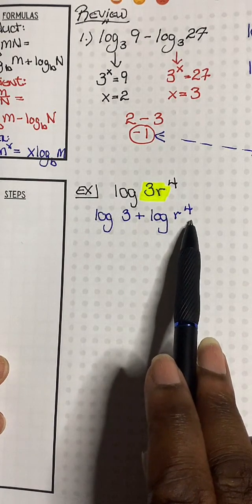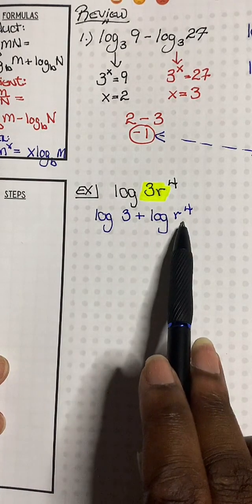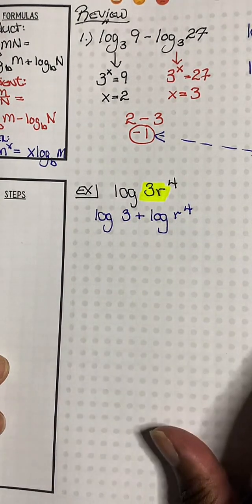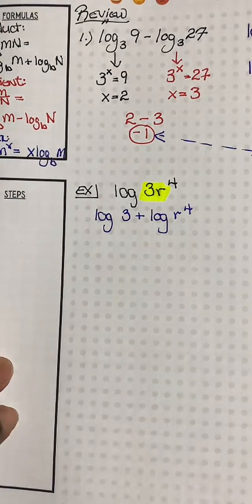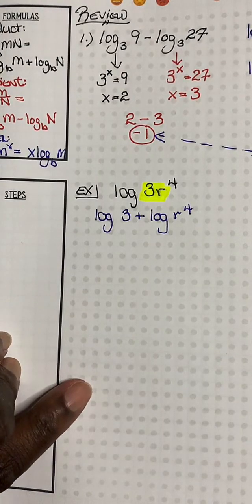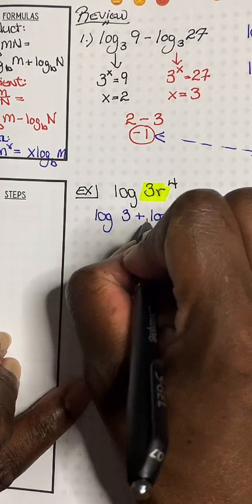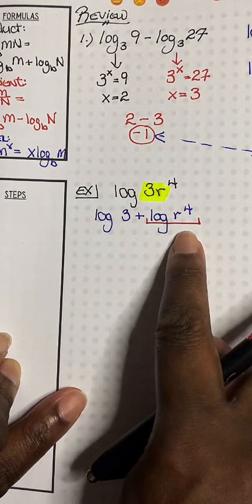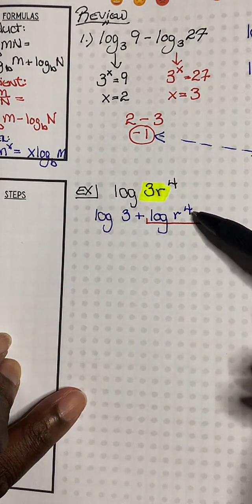Now we're not done. I just want you to understand the splitting. Okay, I want you to understand that split. So now we got something going on right here. And what's going on over here is we have a 4 that's an exponent.